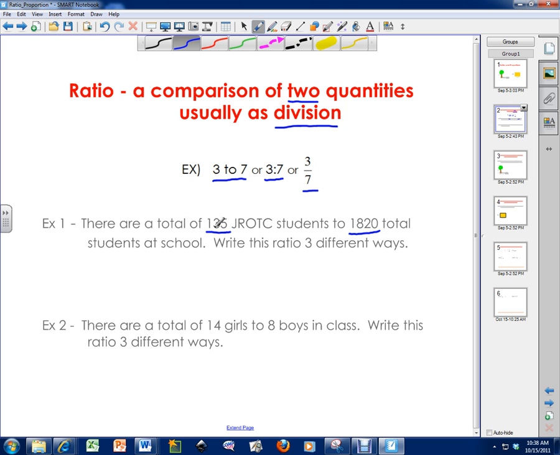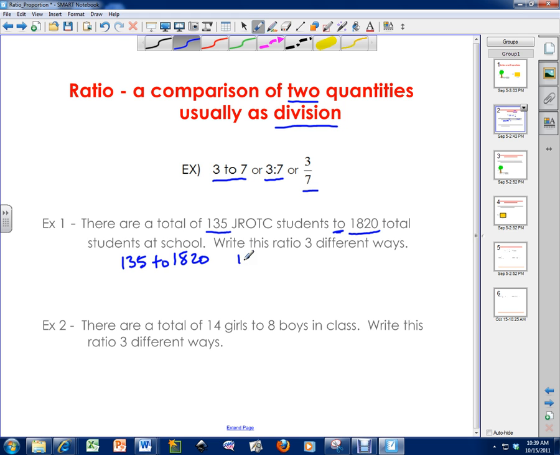Well, the order that it comes in the sentence is the order that it's going to be in the ratio. So 135 to 1,820. So that's one way of doing it.